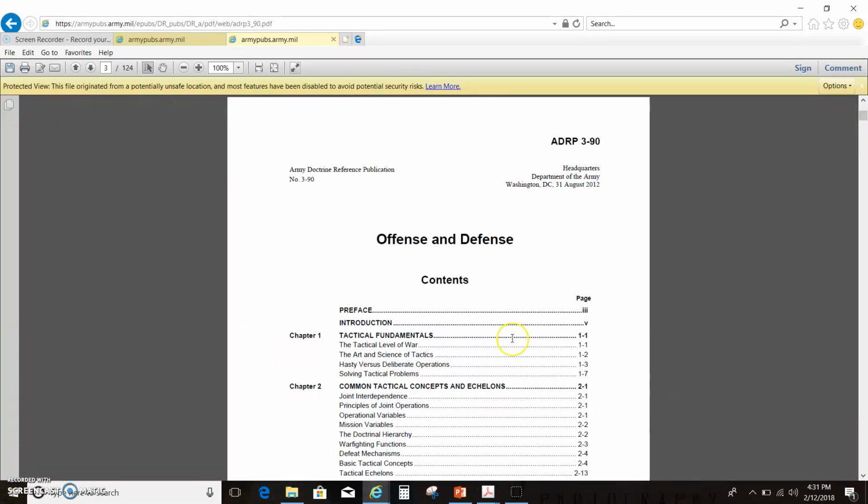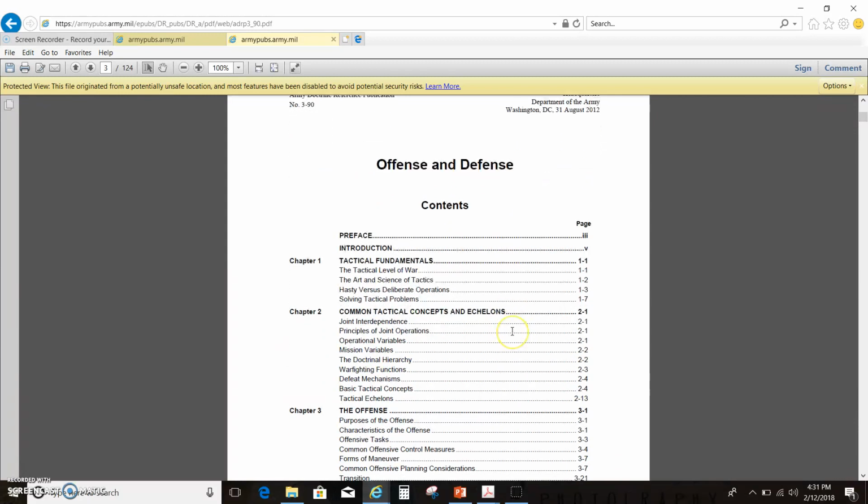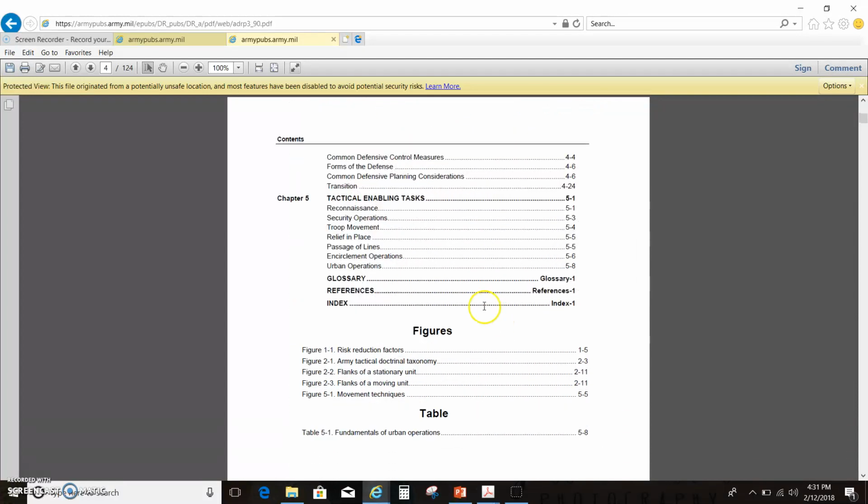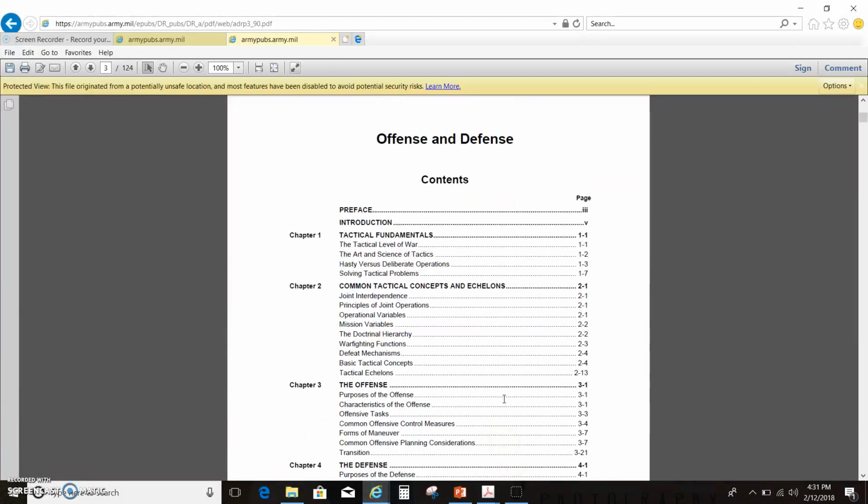The ADRP is about 3 or 4 times the size of the ADP. When you look at the offense, it breaks all of this down and even goes into control measures, forms of maneuver, planning considerations, and transitions. That's in chapter 3.